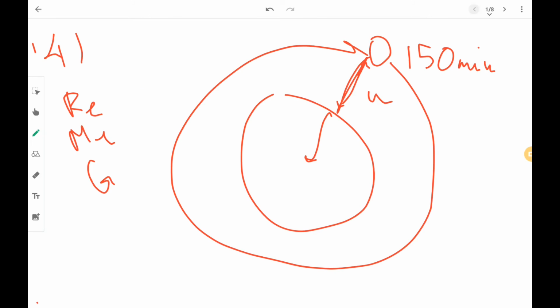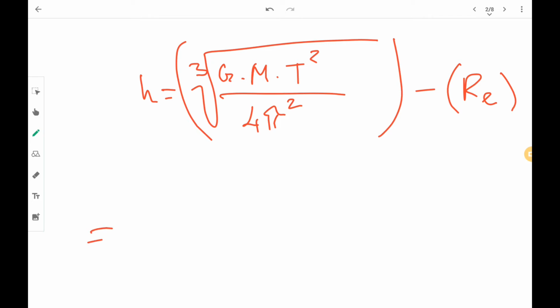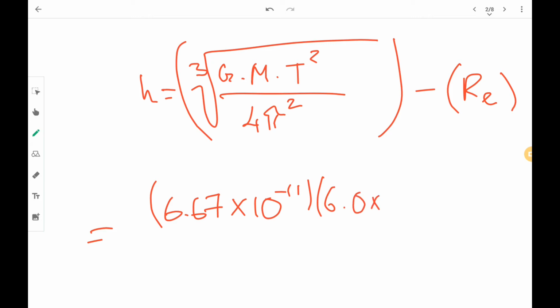This h, which is over here, is equal to the third root of the constant G times the mass of the earth times the period squared over 4 pi squared, minus all of this, minus the radius of the earth. You can just substitute directly 6.67 times 10 to the power of minus 11 multiplied by the mass of the earth, which is 6.0 times 10 to the power of 24 kilograms.